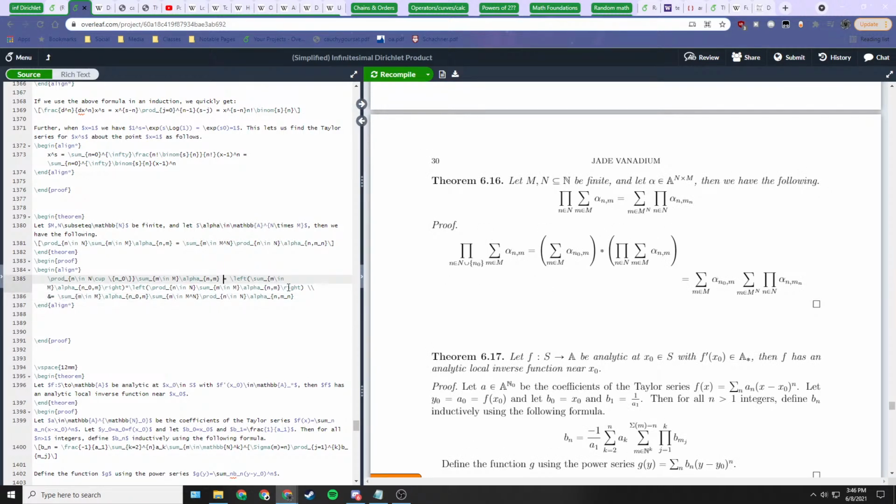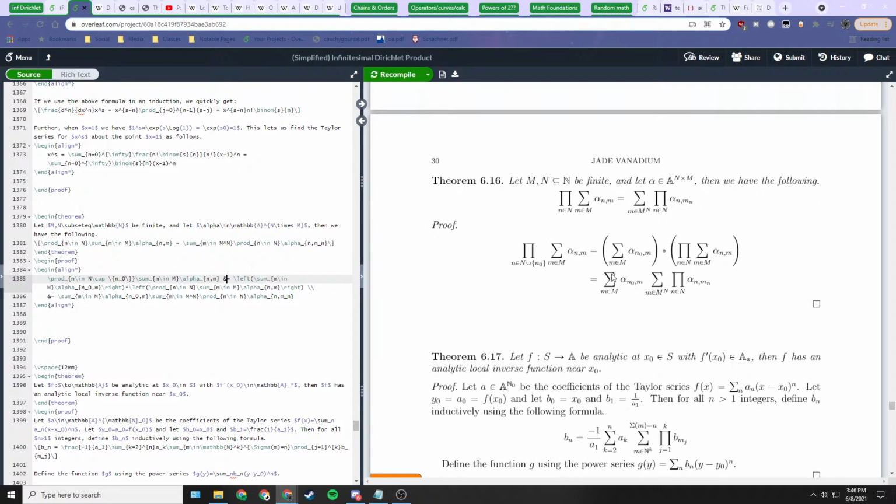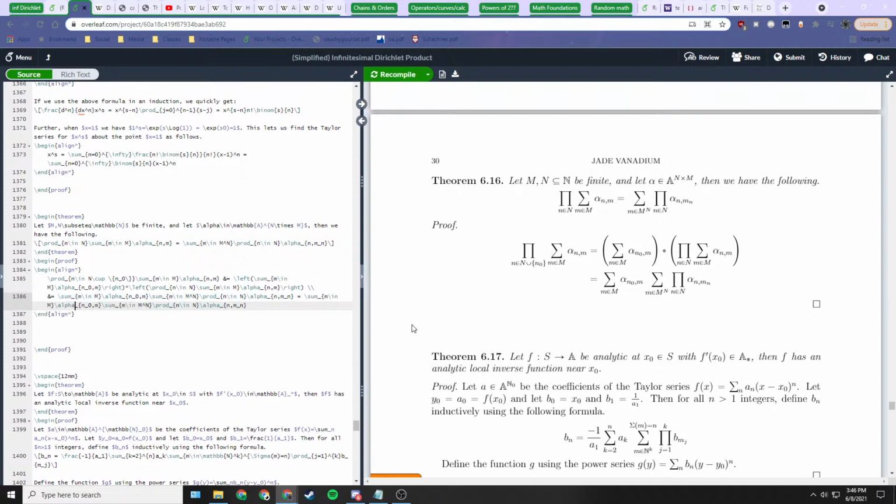We have this initial term over here. We're going to pull out one of these terms of the product, and then we're going to use the distributive law to pull this in. So this will be alpha n0. We're going to pull this all the way through to this product.